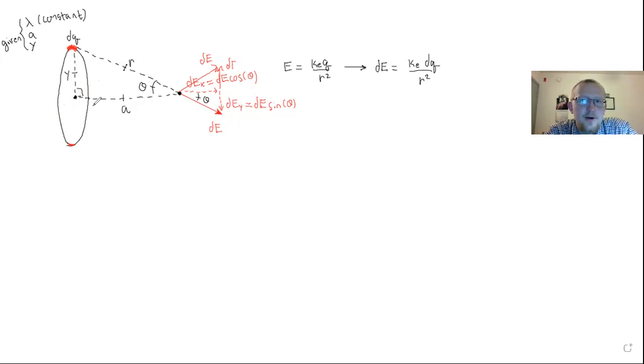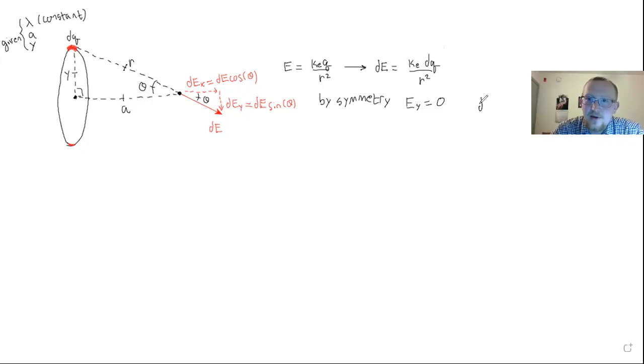And so we're going to say that due to symmetry, by symmetry, E sub Y is going to equal 0. In other words, the total Y electric field at this point is going to be 0 when we sum up all the dE_Ys.